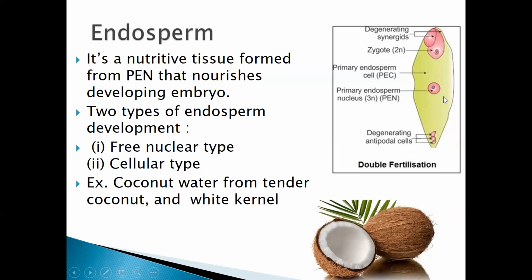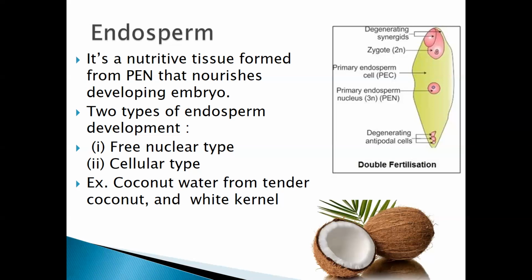That primary endosperm nucleus forms the endosperm tissue, which provides nourishment to the developing embryo, the embryo which has been growing.